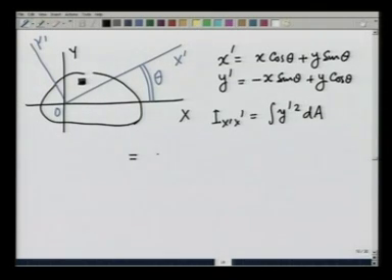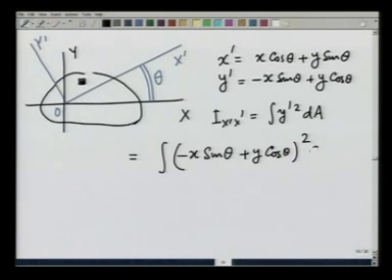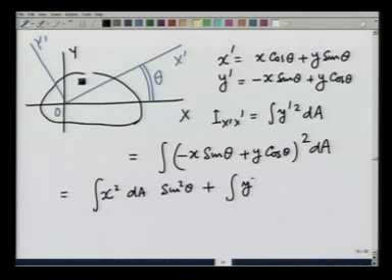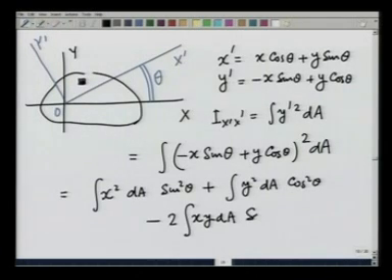Y prime square is going to be equal to integral of minus x sin theta plus y cosine theta, whole square dA, which I can write as integral x square dA sin square theta plus integral y square dA cosine square theta minus 2 integral x y dA sin theta cosine of theta.